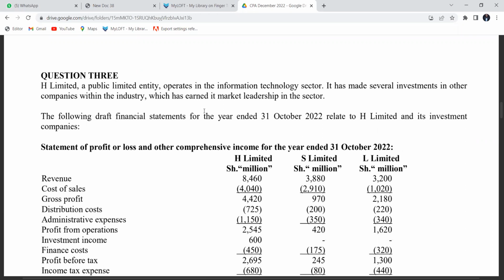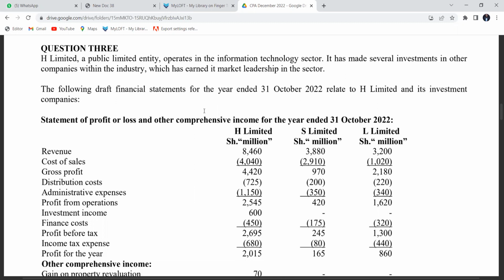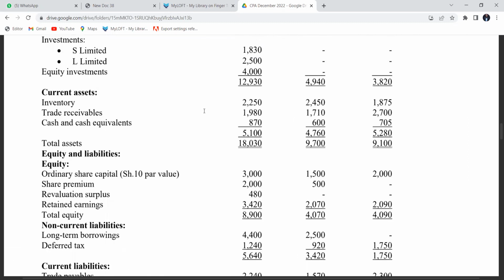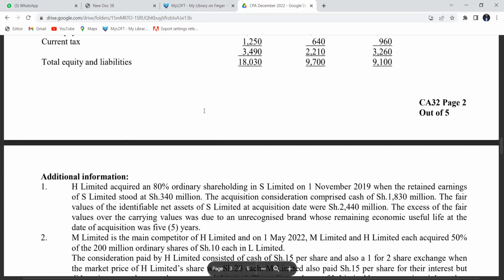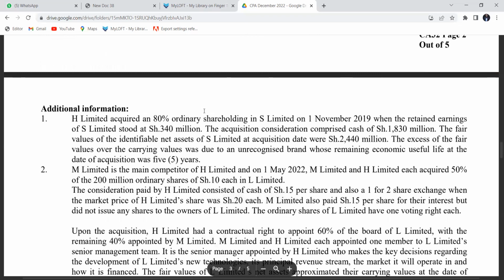It has made several investments in other companies within the industry, and has earned market leadership in the sector. The draft financial statements for the year ended 31st October 2022 relate to H Limited and its investment companies. So we have H, it acquired S and L. Now I want to look at the additional information. How did they mention the acquisitions?